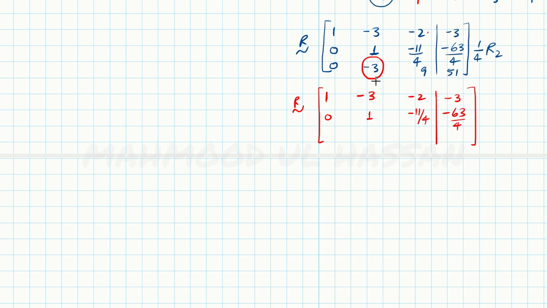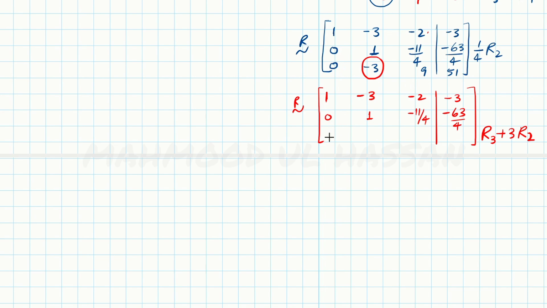And now we are going to make this negative 3 into 0. So can we write R3 plus 3 times R2? If we multiply 3 with row 2 and then add with row 3, this negative 3 would become 0.